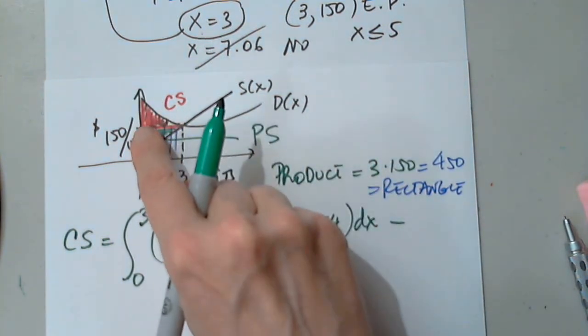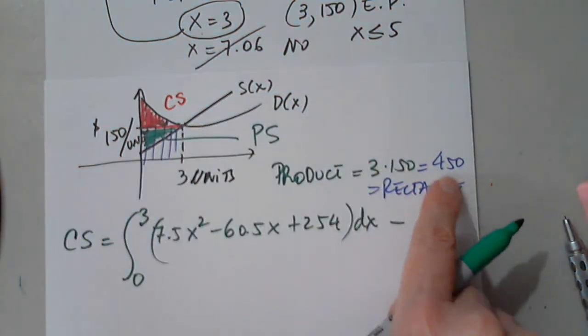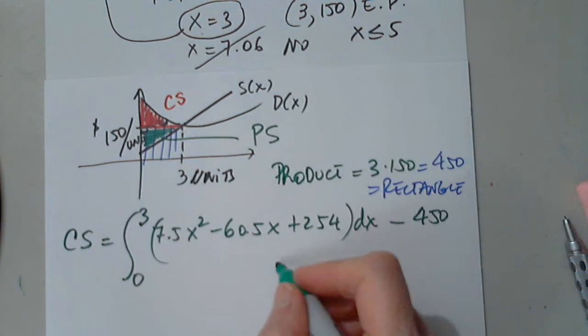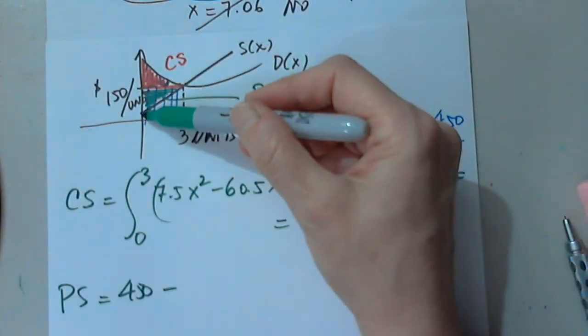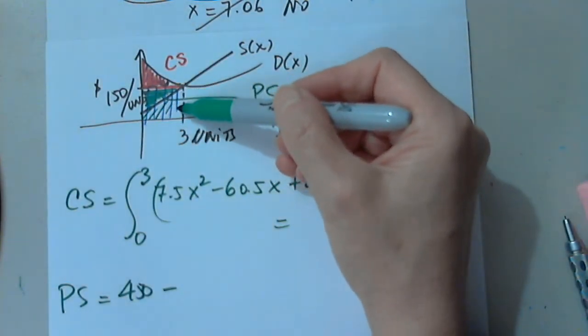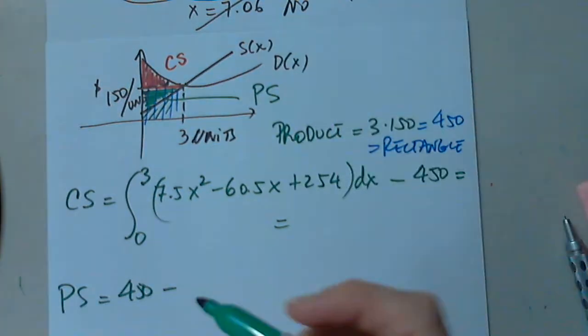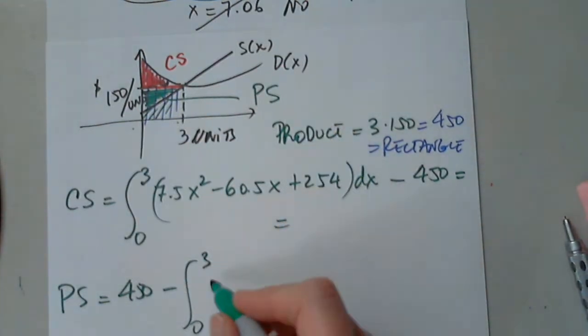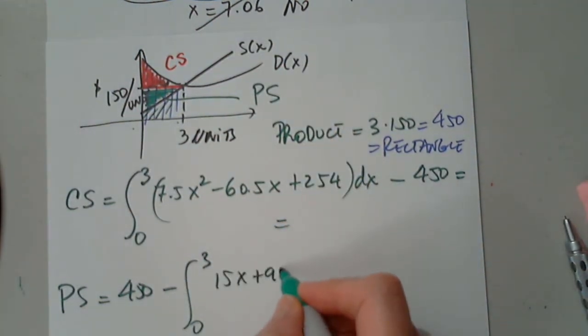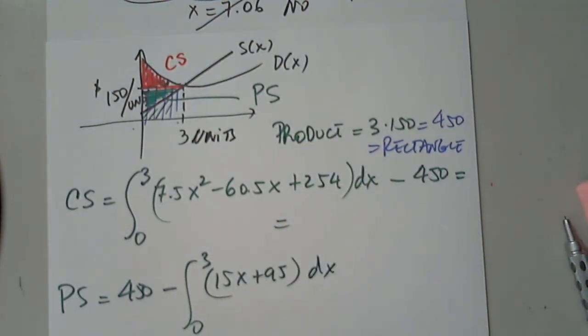To get the red area, I have to subtract the rectangle, which is 450. And the producer surplus is the rectangle of 450 minus this area under the S. So the integral is still from 0 to 3 of 15x plus 95 dx.